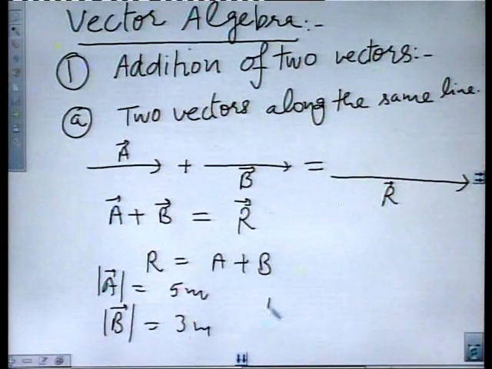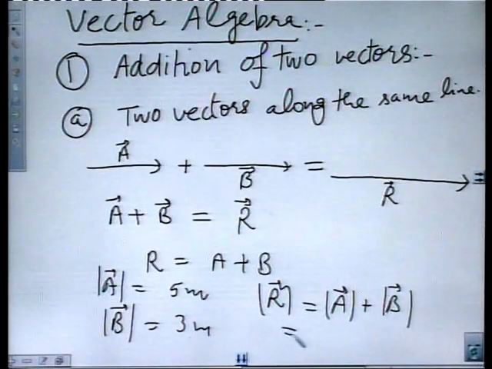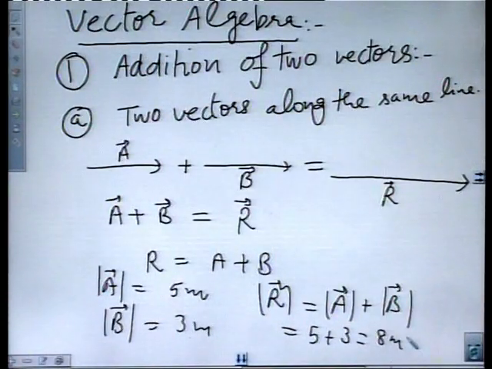Then the magnitude of R vector is equal to the magnitude of vector A and magnitude of vector B, which is equal to 5 plus 3, is equal to 8 meter. Means the length of R vector is 8 and its direction is same as that of A vector and B vector. Now, we take the second case.